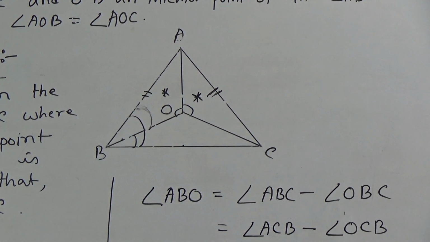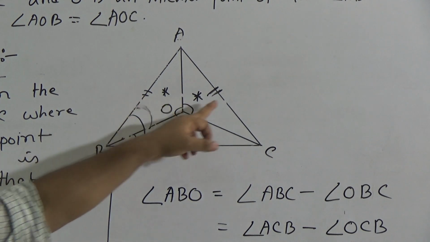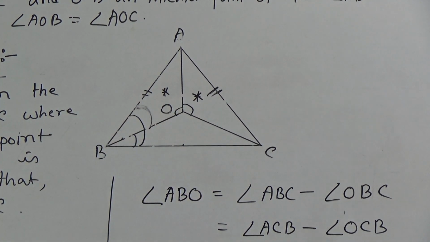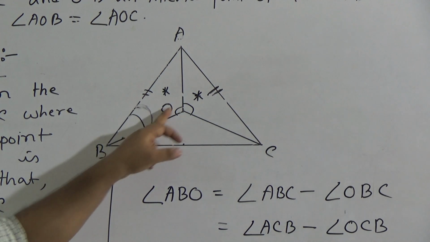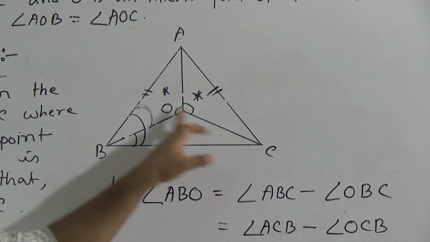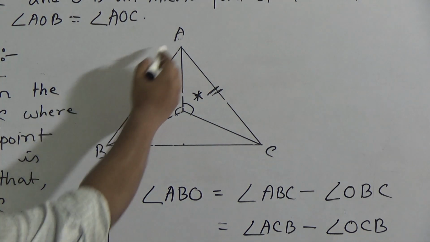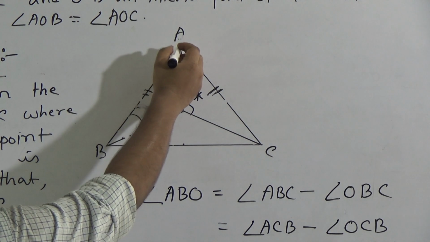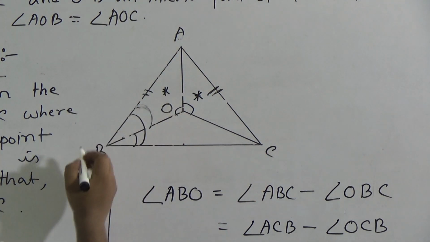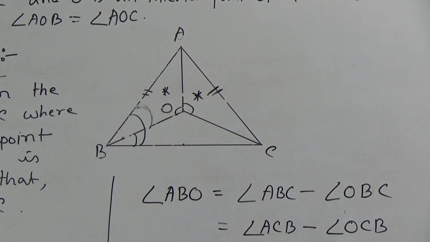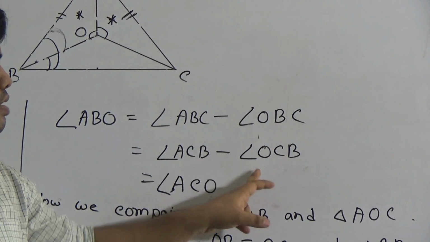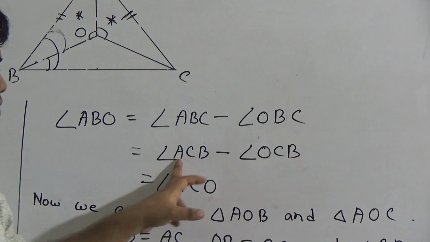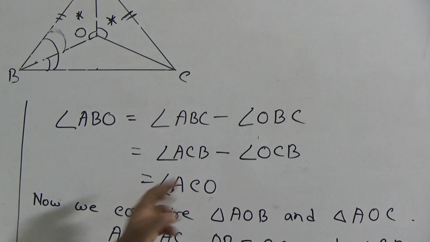My dear students, as per the proposition AB equal to AC and BO equal to CO, in triangle ABC we write angle ABC equal to angle ACB, and in triangle BOC angle OBC equal to angle OCB. Now angle ABO equals the whole angle ABC minus OBC, and putting the value of ABC as ACB and OBC as OCB, if we subtract angle OCB from angle ACB, then we get angle ACO.